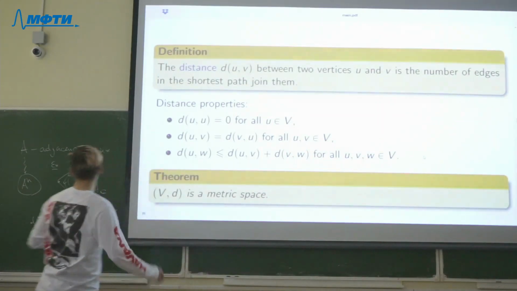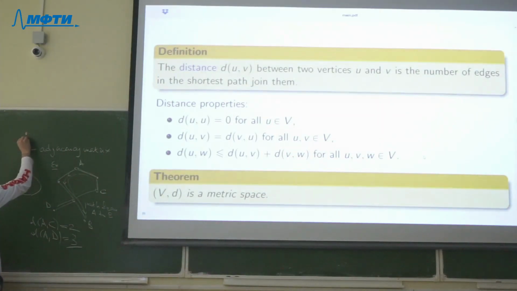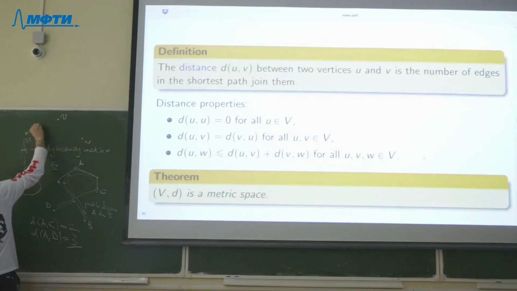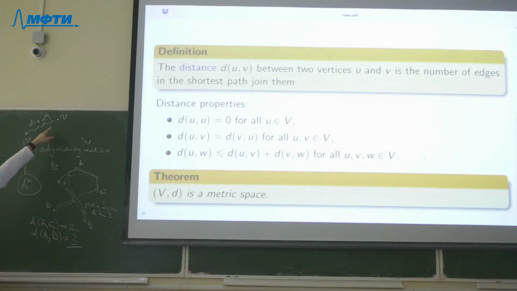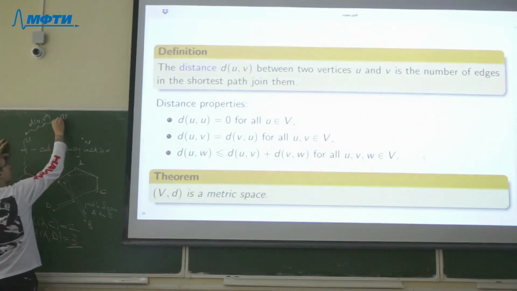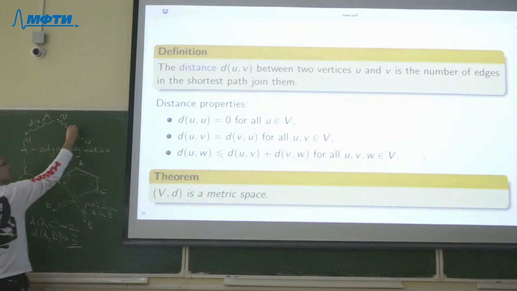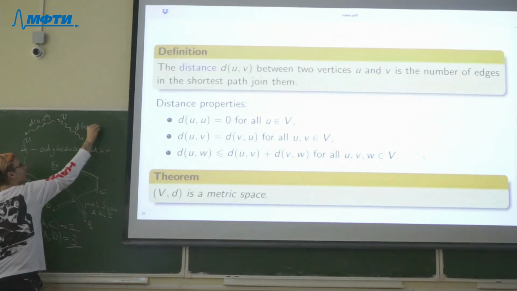Understand? Because we have a path that has length equal to distance between U and V, yeah? And we have a path from V to W that's length equal to distance between V and W, yeah?